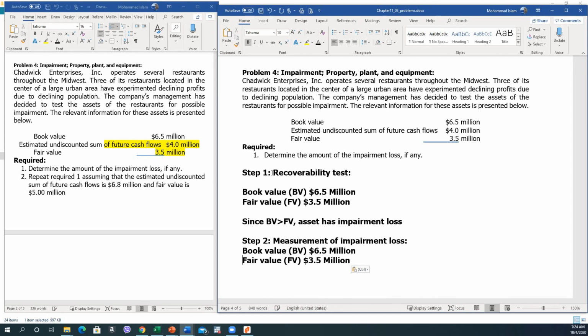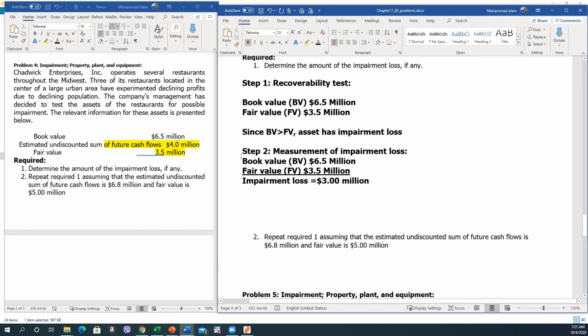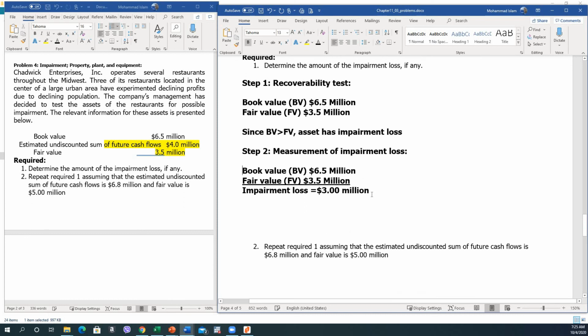So the impairment loss is equal to 3.00 million, correct? Okay, so how do we record this one? This is our requirement one.